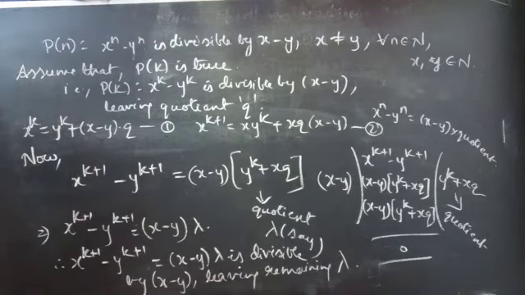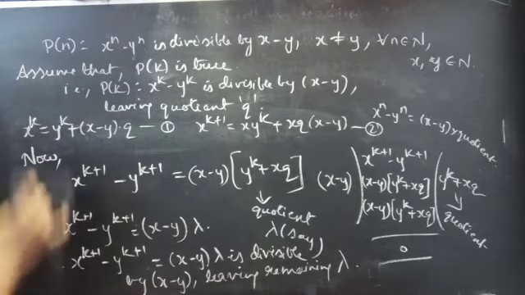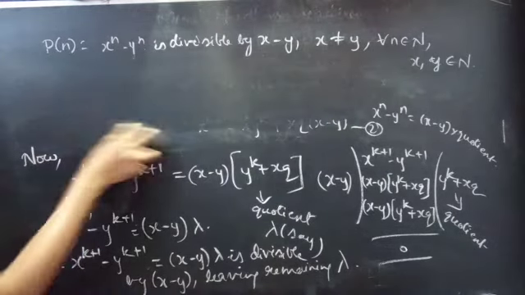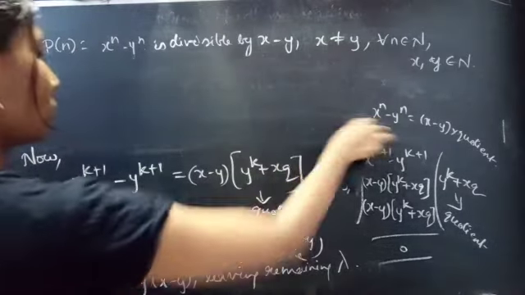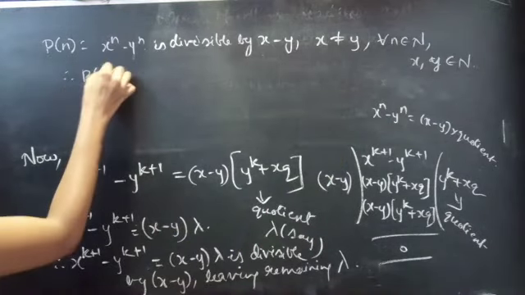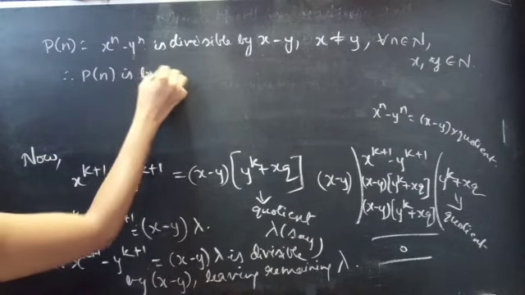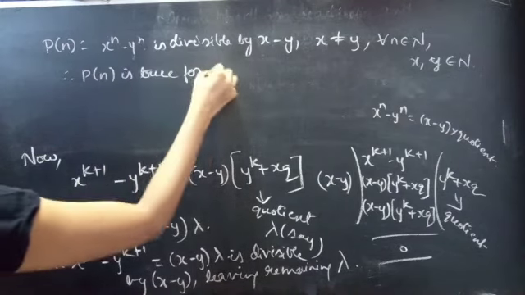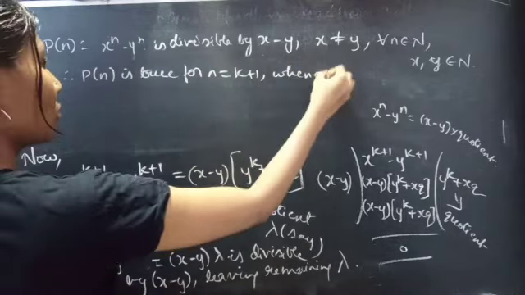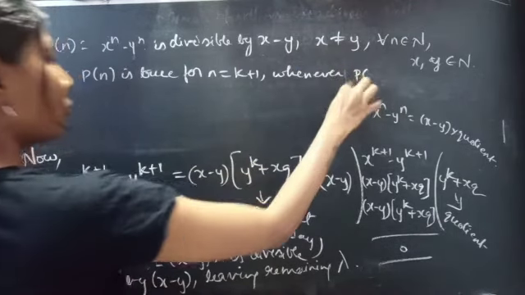So from this we can say that therefore P of n is true for n equals k plus 1 whenever P of k is true.